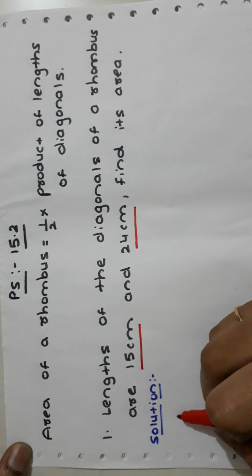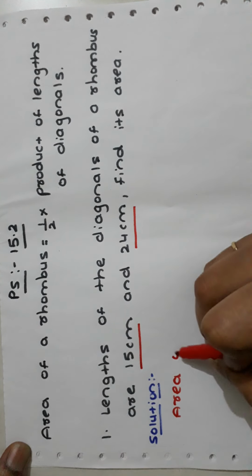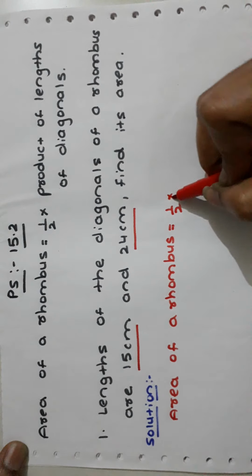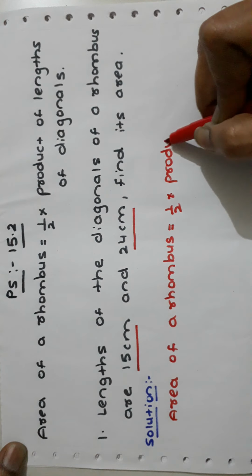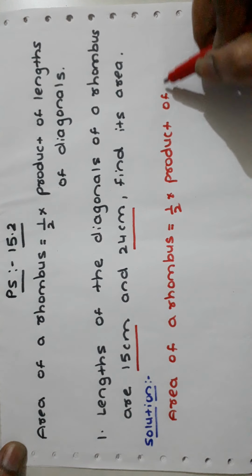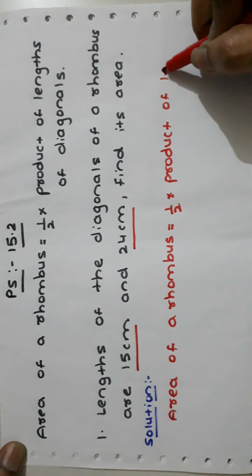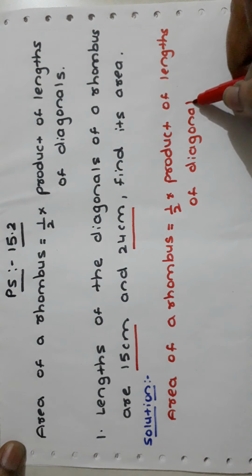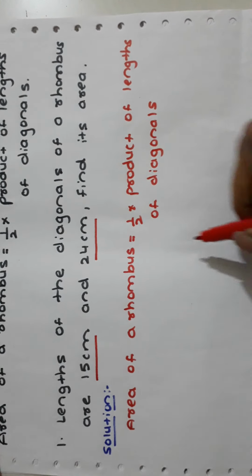Now we know that area of a rhombus is half into product of the length of the diagonal. Product means multiplication.